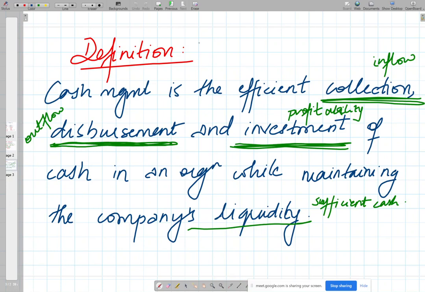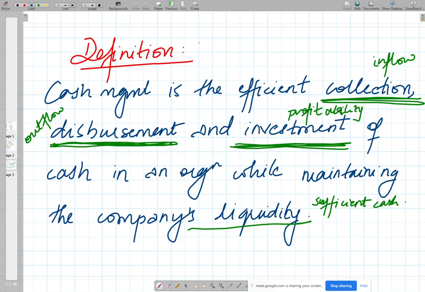He has to first see how well he carries out the collection of cash, that is the inflow of cash from different sources like his debtors, all the customers that the goods are sold to, and from all other parties that are supposed to pay the business some cash.